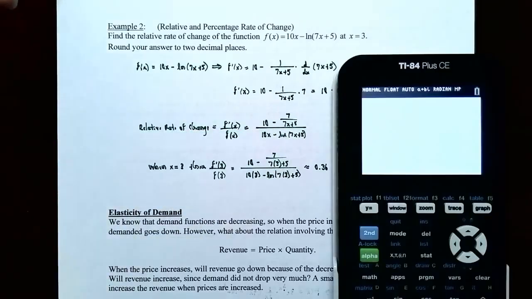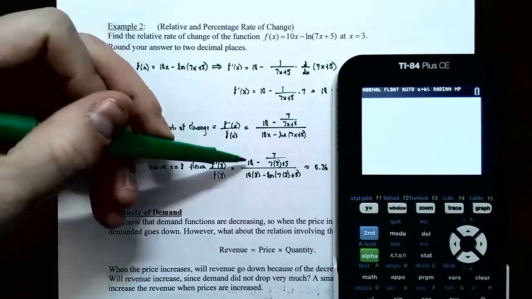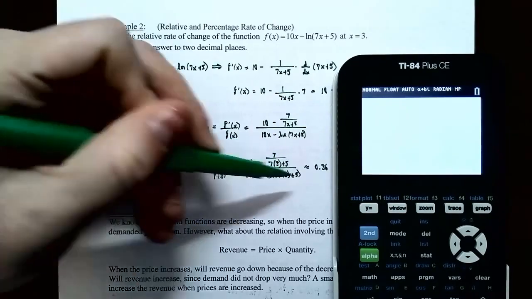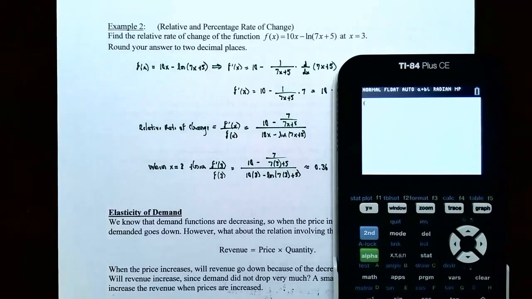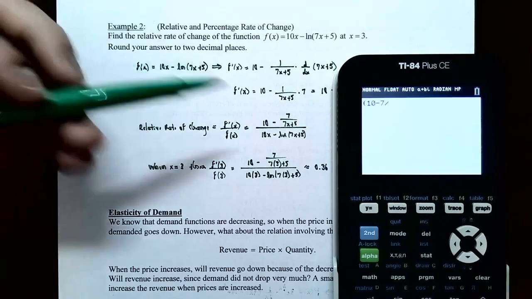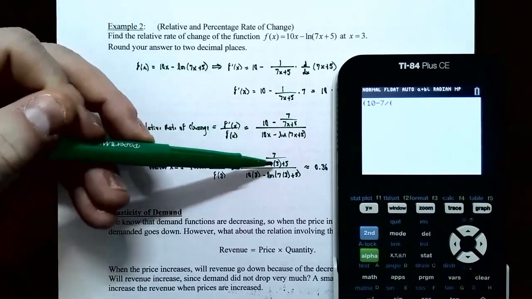Now to type this into a graphing calculator, make sure that you put the numerator in parentheses, and you also put the denominator in parentheses, because there are 2 separate terms in the numerator and denominator. So parentheses, 10 subtract, then you have a fraction, so 7 divided by, make sure the denominator goes in parentheses because you want to add the denominator.